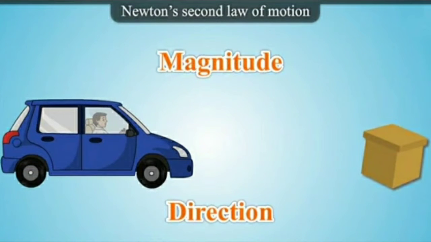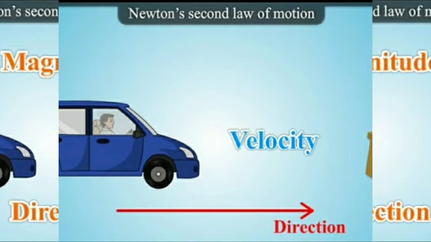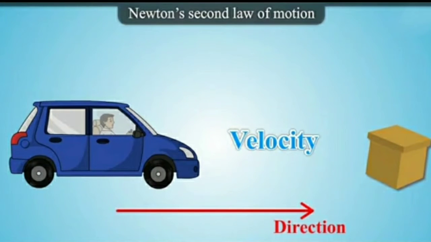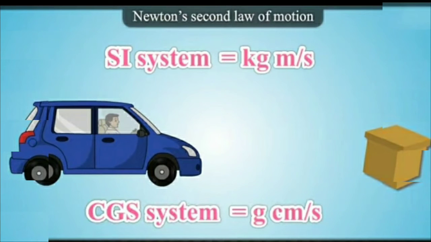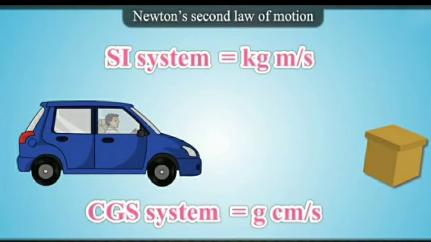Momentum has magnitude as well as direction. Its direction is the same as that of velocity. In our SI system, the unit of momentum is kilogram meter per second, and in CGS system, it is gram centimeter per second.